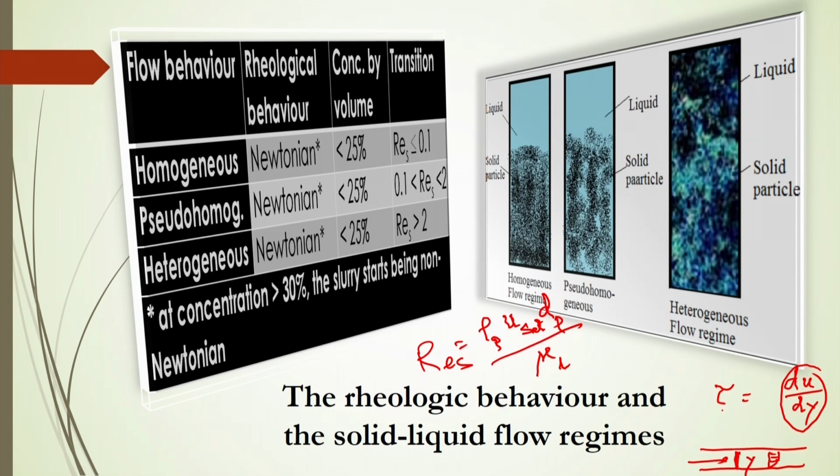This shear stress is directly related to the shear rate, and this proportionality constant is called mu. This mu is called the viscosity of the fluid.